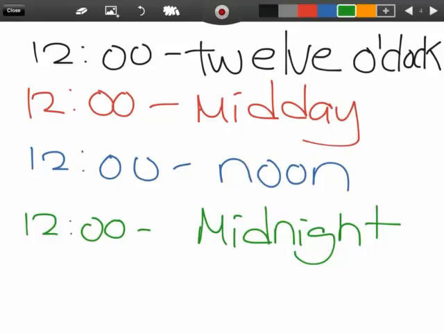One of them is plain 12 o'clock. One of them is midday, the other one is noon, and the last one is midnight, which means middle of night.